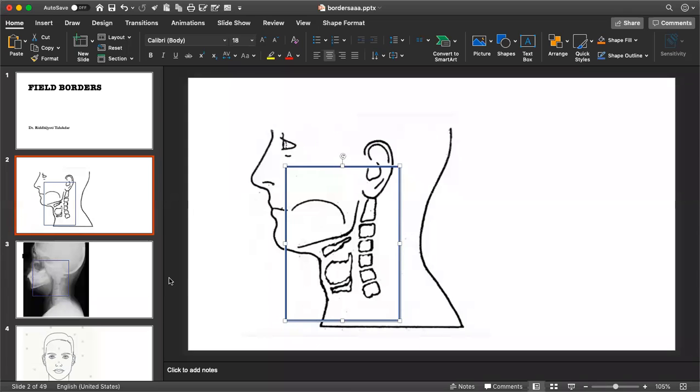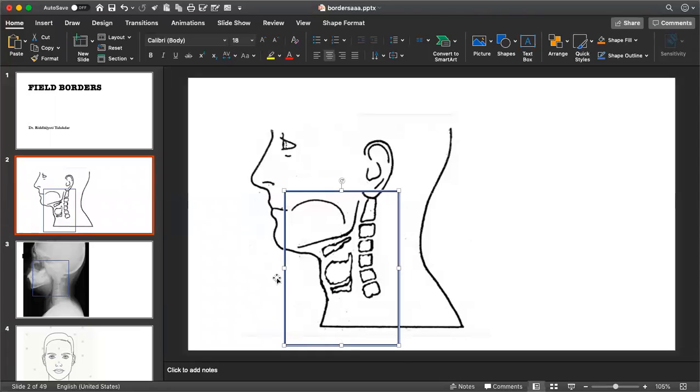And the classical teaching would be, again, if you want to cover the entirety of the level 2 nodes, you need to put the superior border somewhere at the level of C1 to cover the entire jugular chain.